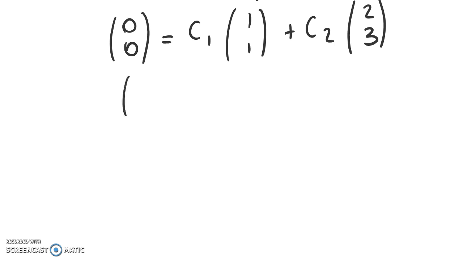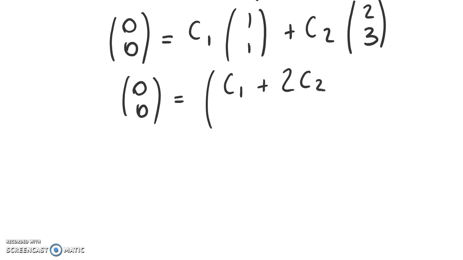That means we want (0, 0) to be equal to (1C1 plus 2C2, C1 plus 3C2). And what we want to show for linear independence is that there's no way to get this working unless we make both C1 and C2 0.